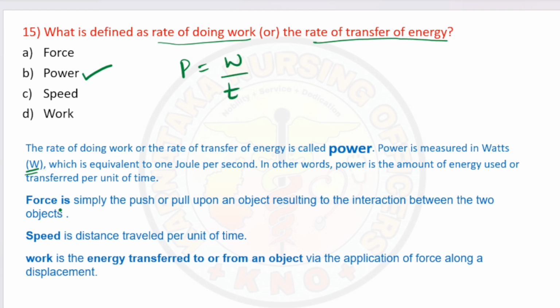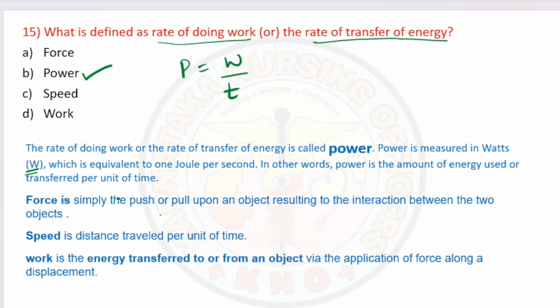Okay, so next, what is force? Force is simply the pushing or pulling on an object resulting from the interaction between two objects. It is a pushing or pulling on an object that can change the position of an object.